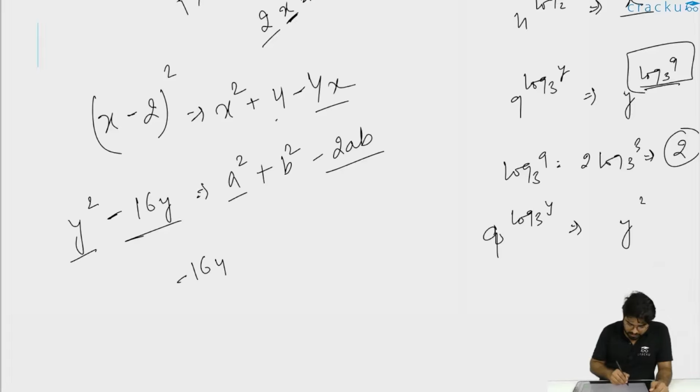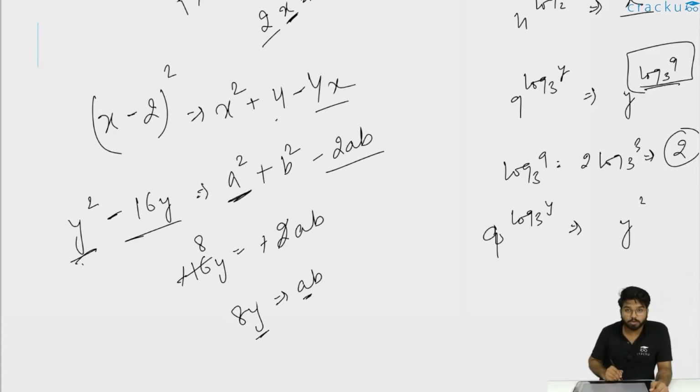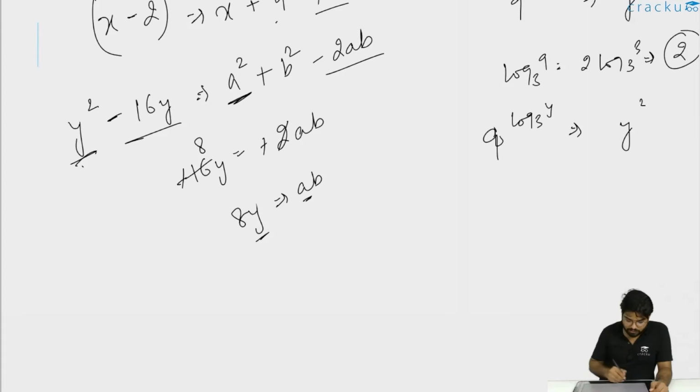So minus 16y is equal to minus twice of ab. Minus and minus will cancel out, and 2 and 8 will be cancelled out. So this will be 8y is equal to ab. We know that a is equal to y. So b has to be equal to 8. This way we can write this as y minus 8 whole square.